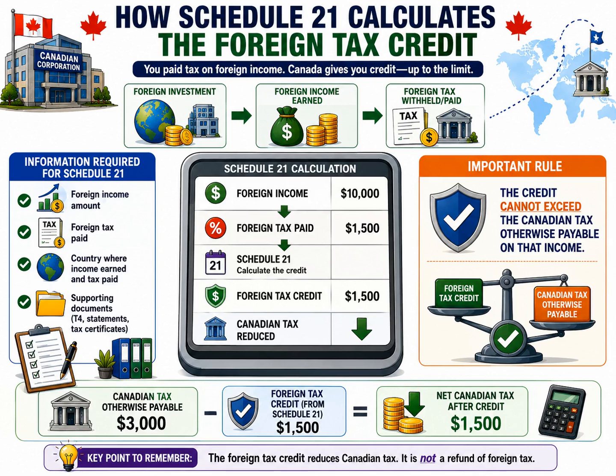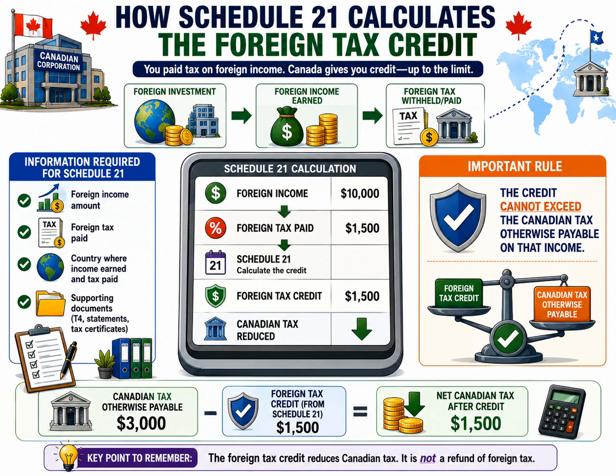Now that we understand why Schedule 21 exists, let's see how it actually calculates the foreign tax credit. The process begins when a Canadian corporation earns income from another country. For example, suppose the corporation earns $10,000 of foreign interest income from investments outside Canada. Before that income reaches the corporation, the foreign country may withhold tax.